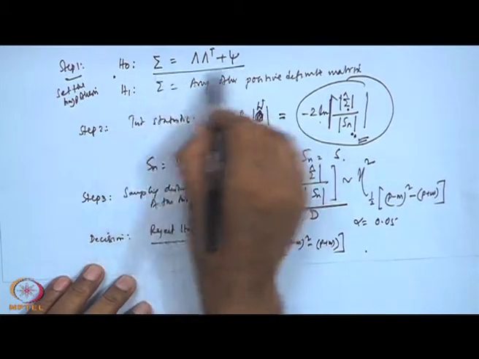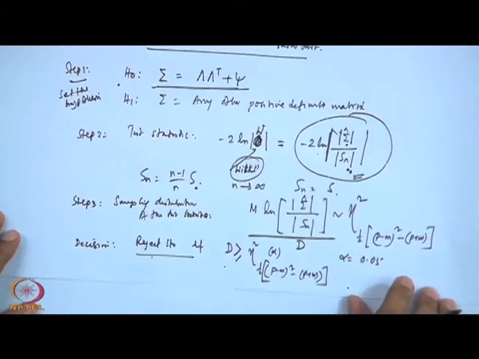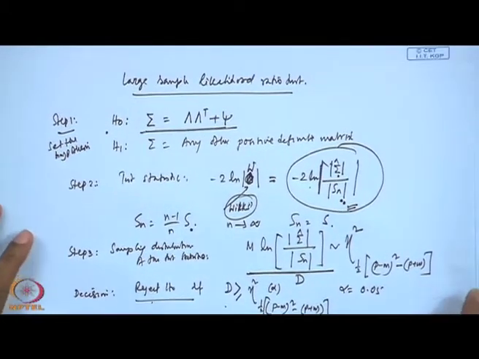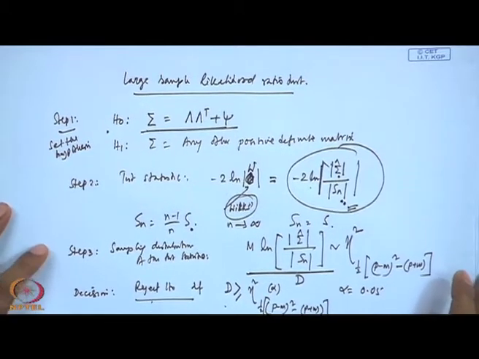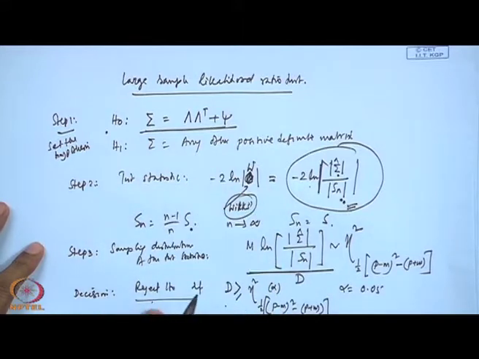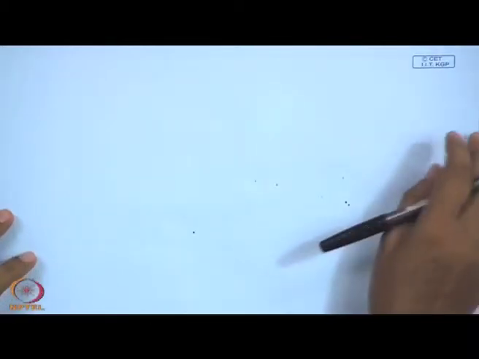You are saying that the factor model is not able to reproduce the population covariance matrix. So if you want your factor model to be acceptable, then H0 should be accepted. This is from the hypothesis testing point of view; correlation matrix, Bartlett test, all those things we have discussed.